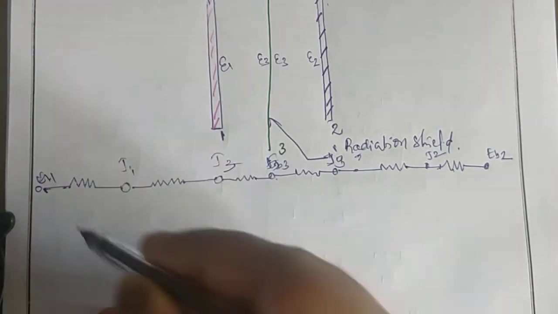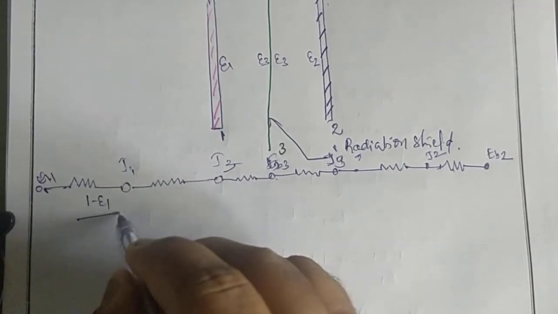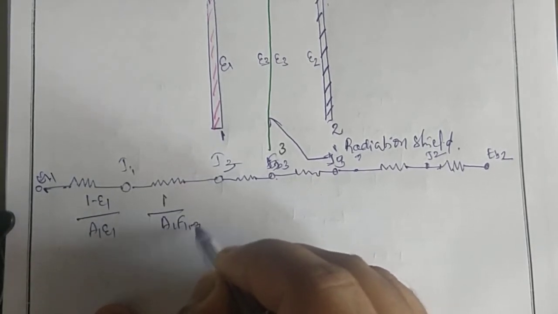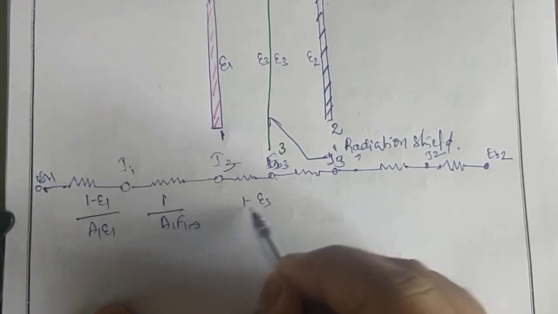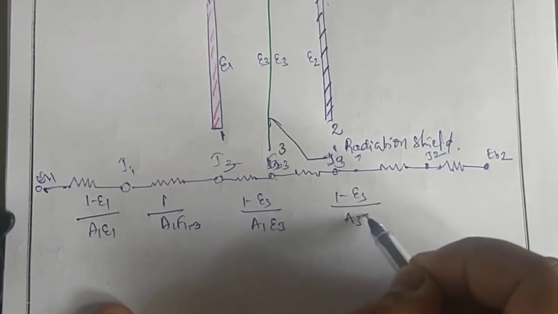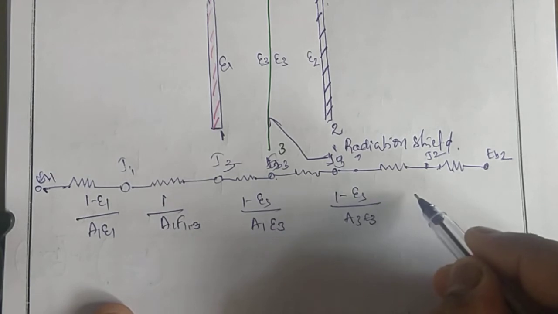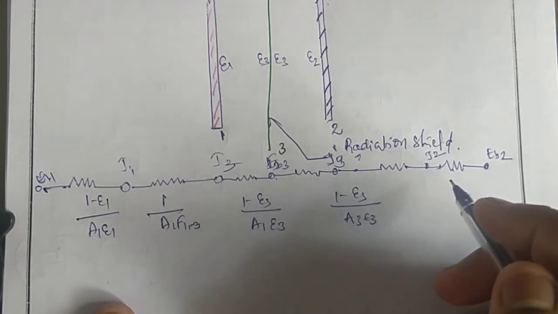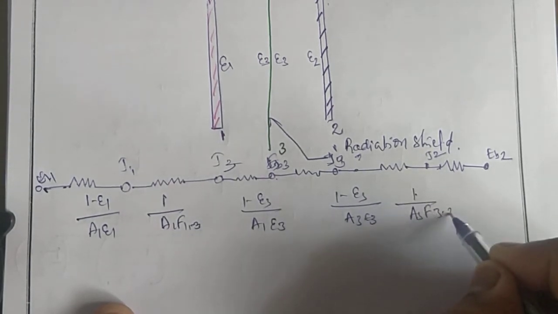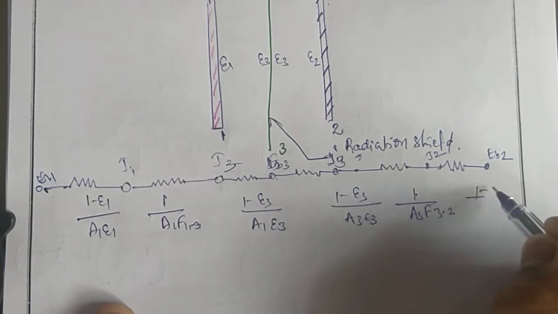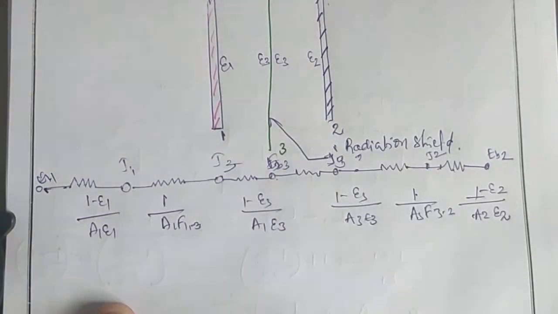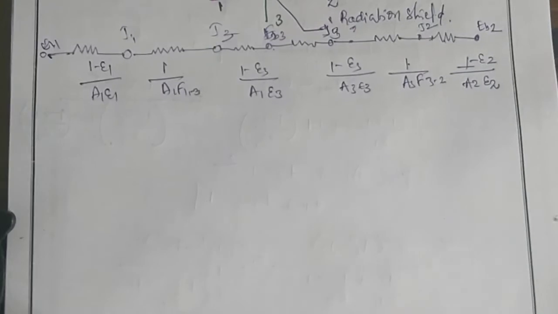Now we can write the resistances: (1 minus epsilon 1) divided by A1 epsilon 1, 1 divided by A1 F1-3, (1 minus epsilon 3) divided by A1 epsilon 3, (1 minus epsilon 3) divided by A3 epsilon 3, 1 divided by A3 F3-2, and (1 minus epsilon 2) divided by A2 epsilon 2. So this is the figure we can draw for this electric analogy.